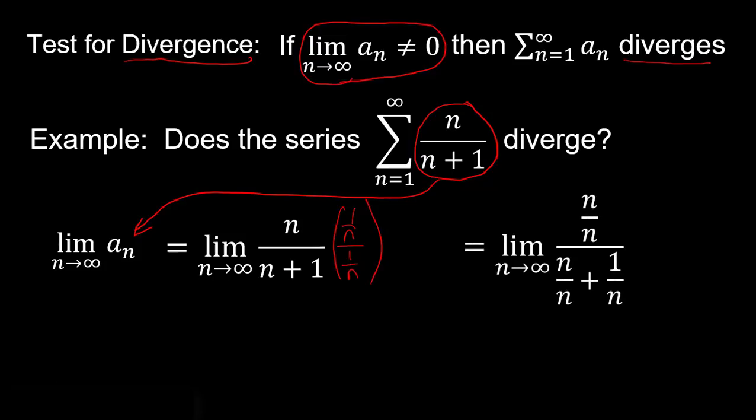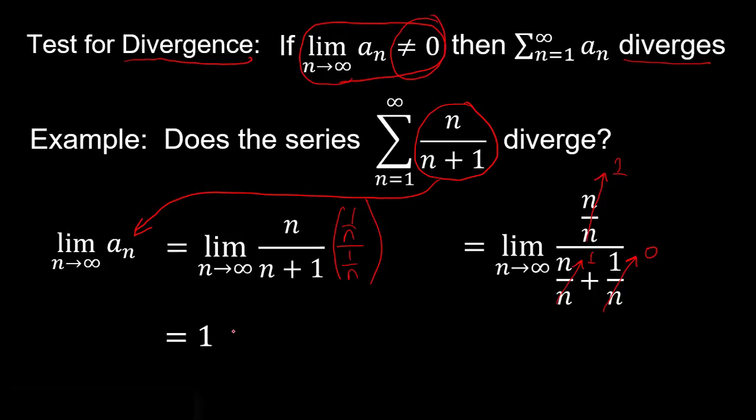Having done that, we get this limit, and of course we can now apply the limit as n approaches infinity. This term is going to go to 1, this is going to go to 1, and this is going to go to 0. So the limit of our sequence as n approaches infinity is going to go to 1. Now look at our criteria up here. We have to see, is that equal to 0 or not?